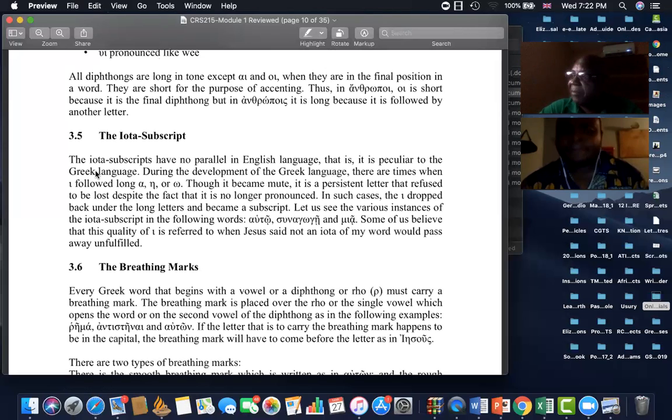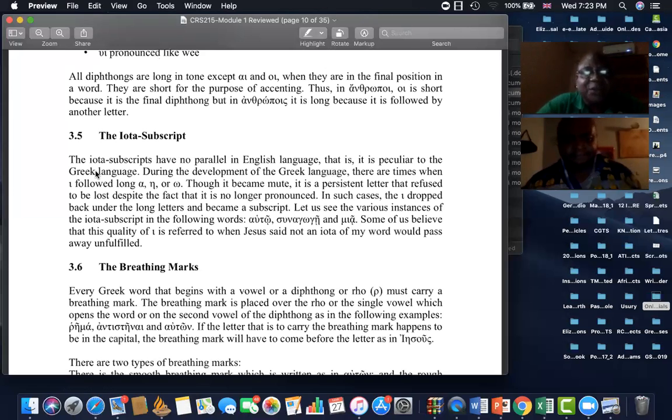It became a silent letter, no longer pronounced. But because iota is a very stubborn letter, it refuses to disappear. So rather than disappear, it goes to the bottom of that letter. That's why we call it subscript, below.